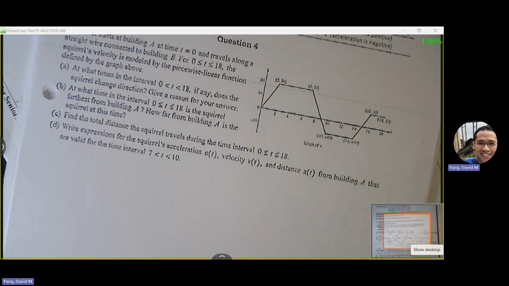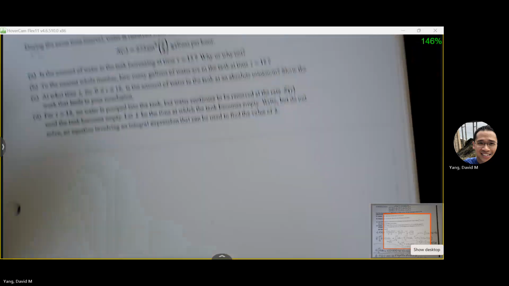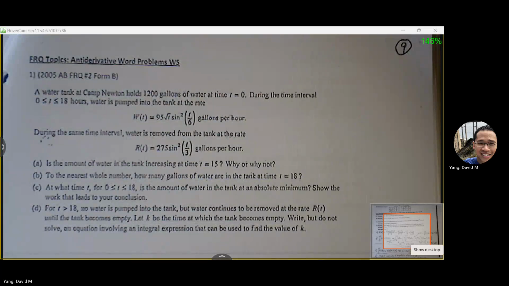Okay, I'd like for us to work through some antiderivative word problems. So if we can turn to page 9 in your packet. Okay, this is a calculator active problem here.